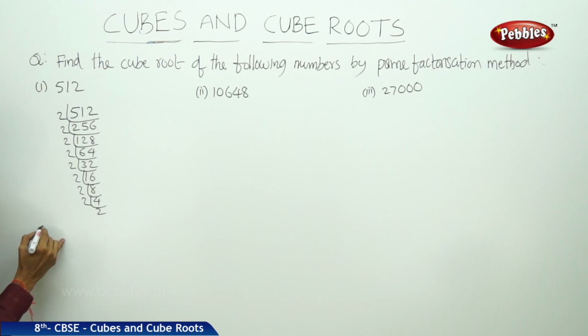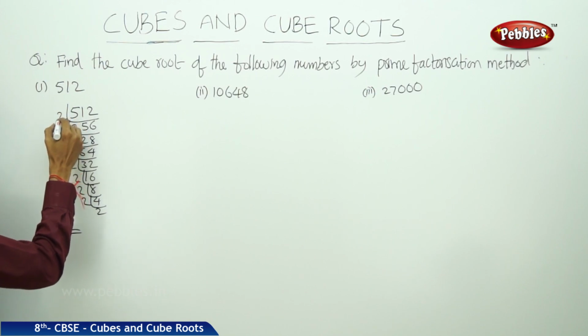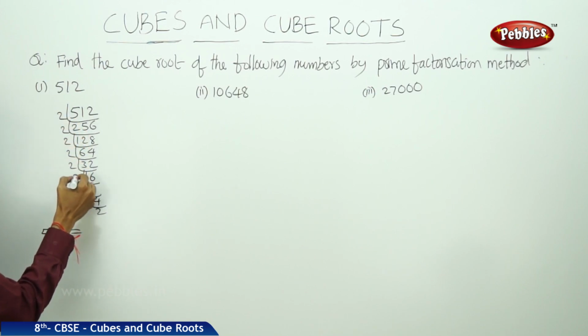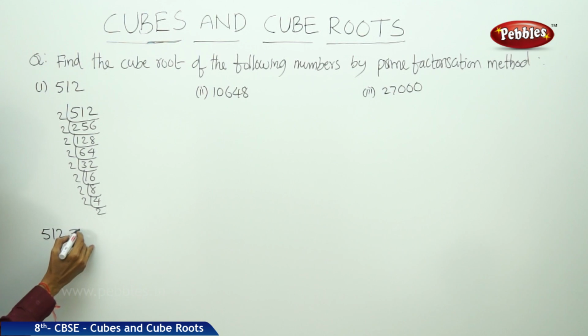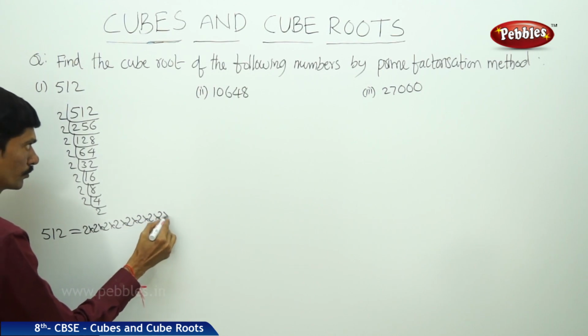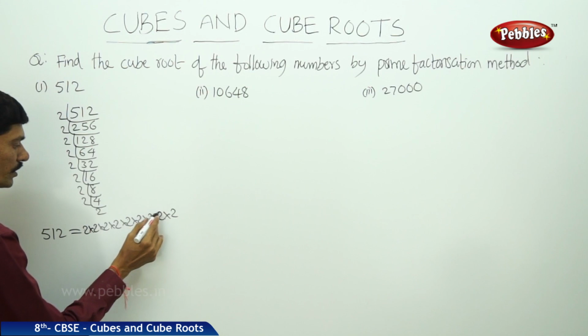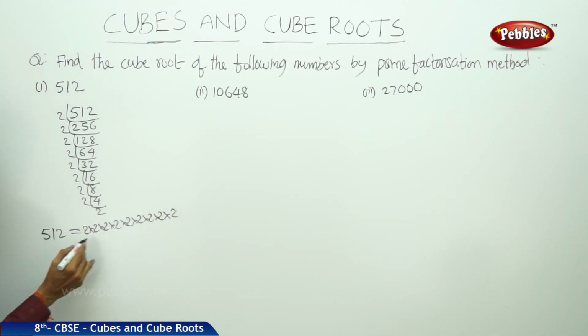Now if you take 512 as a product of prime factors, how many 2s are there? 1, 2, 3, 4, 5, 6, 7, 8, 9. So there are 9 2s.